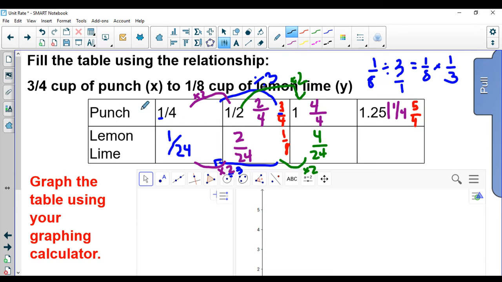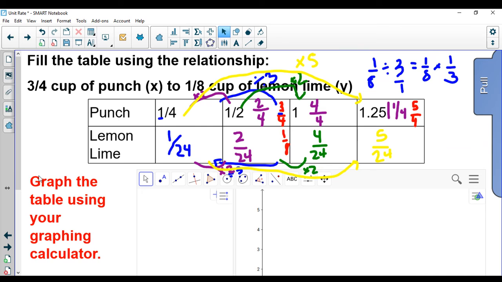So I'm going to go all the way back to 1/4 because it's going to be a little easier to calculate. I know that 1/4 times 5, because 1 times 5 will give me 5. So I'm going to take 1/24 times 5, and I have 5 times 1, and 1 times 24. So that gives me 5/24. So that is the first part of this.